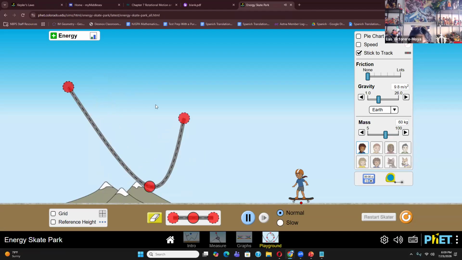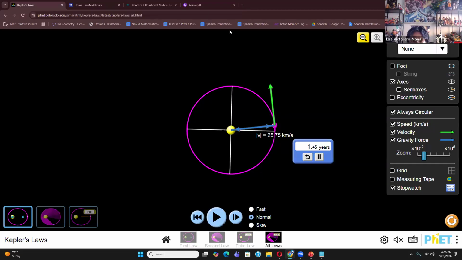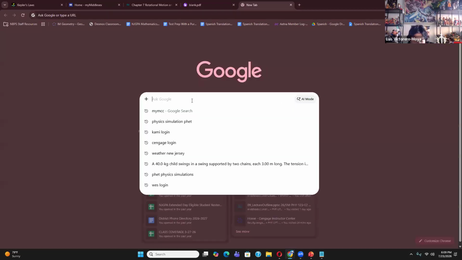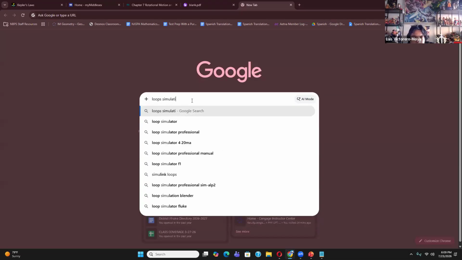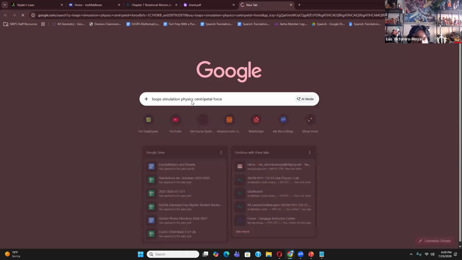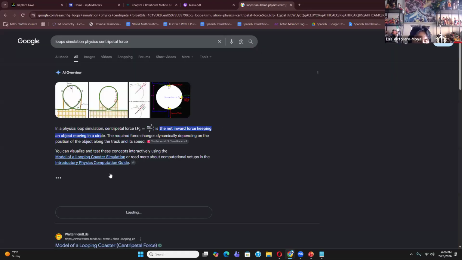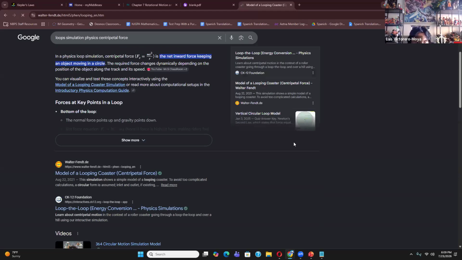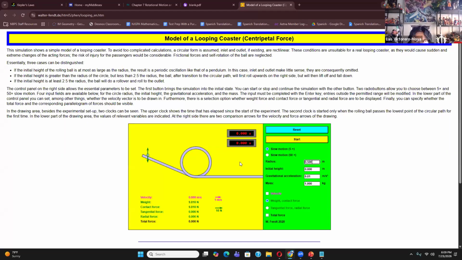This one is probably not the best. Let's just do loops, simulation, physics, centripetal. Now everything is online, so there should be, oh, there it is. That's easier.